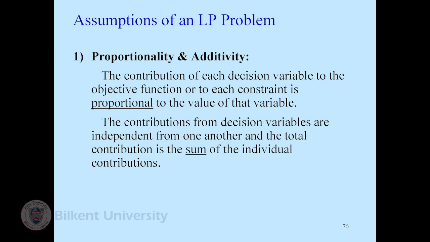More generalization. When I say LP, I keep saying it has to be a linear program. Normally, there are a couple of assumptions underneath that. What are they? Proportionality and additivity. Let's read this together first. The contribution of each decision variable to the objective function or to each constraint is proportional to its value.